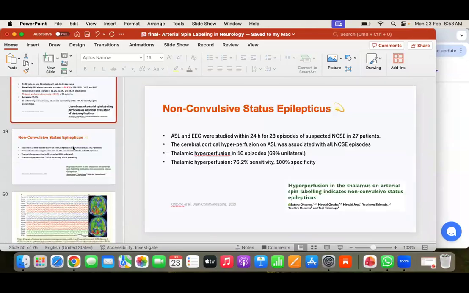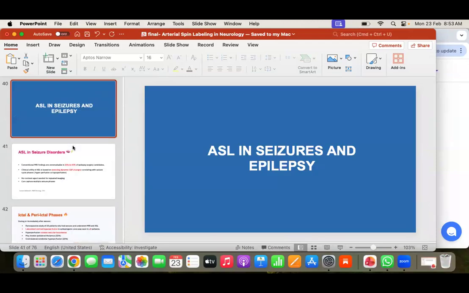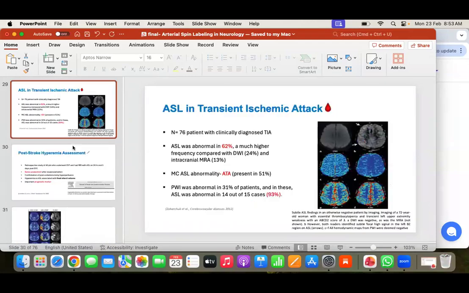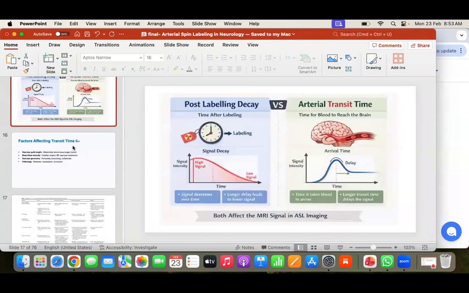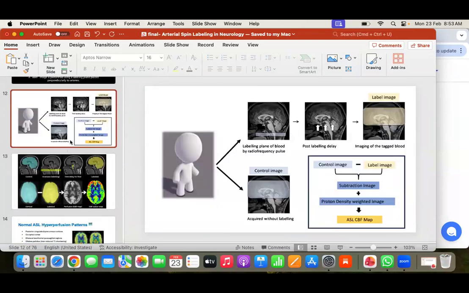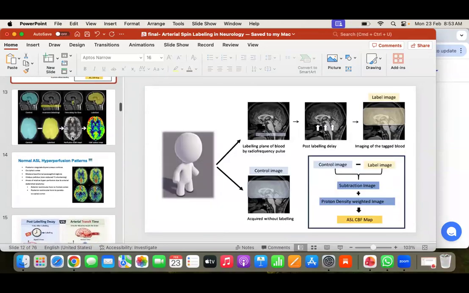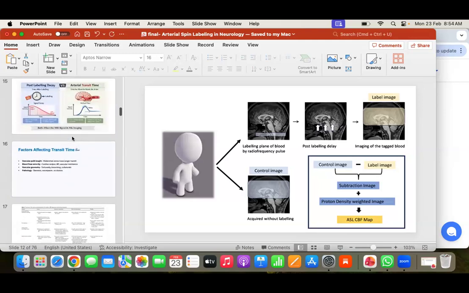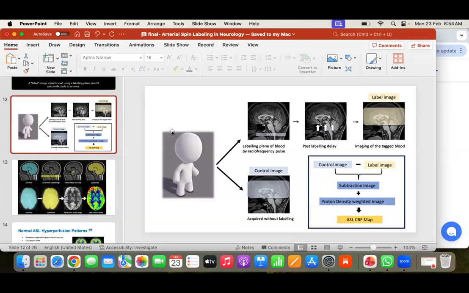I have. Reduce a seizure management of this. Not this. This one. 1 second. Yeah, this one. This one.